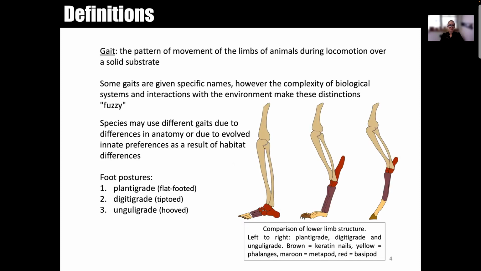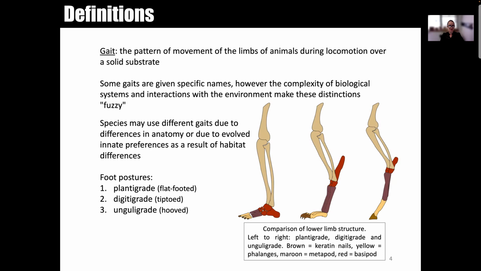Just a couple of definitions that we will come across in the lecture. So gait refers to the pattern of movement of the limbs of animals during locomotion over a solid substrate. Some gaits are actually given specific names. However, the complexity of biological systems and interactions with the environment can make these distinctions somewhat unclear.